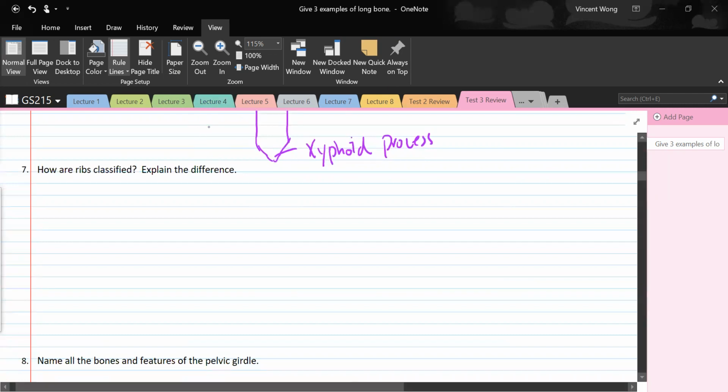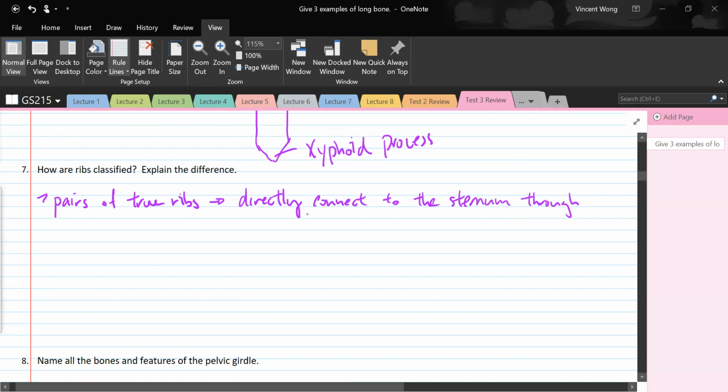How are ribs classified? Explain the difference. So we have 7 pairs of true ribs. What makes them true ribs is that they directly connect to the sternum through costal cartilage.